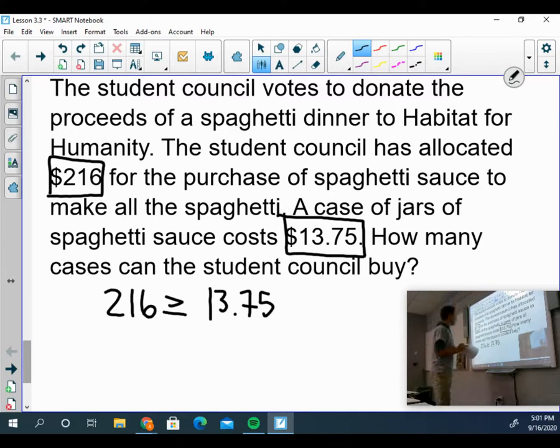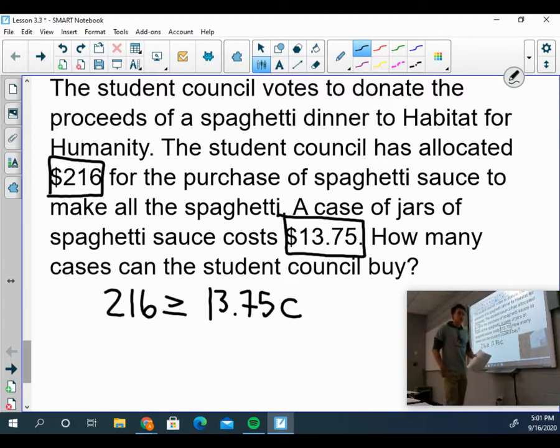But why do I not want to do plus C? Well, plus C would imply that it's $13.75 plus however many cases, but that's not the case. It's $13.75 per case. Therefore, it needs to be $13.75 times C for the number of cases.